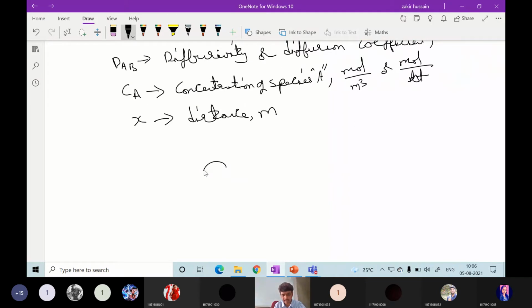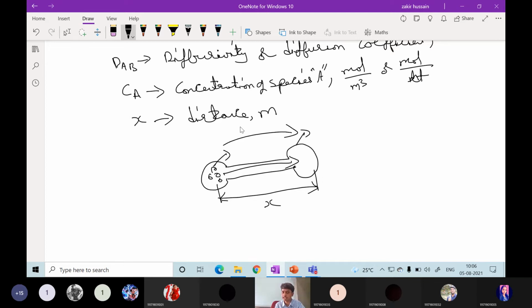I am once again drawing this figure. Two cells are there. For example, a molecule is moving from this cell to this cell, so the distance traveled by the molecule is this X. The concentration of molecules exchanged from this region to this region is C_A, the concentration.